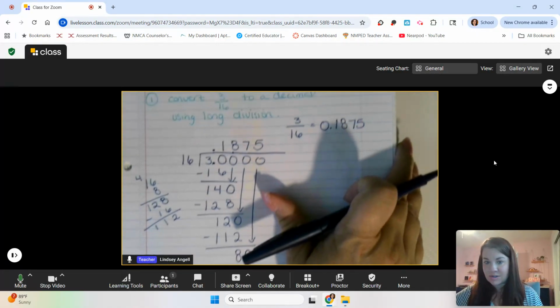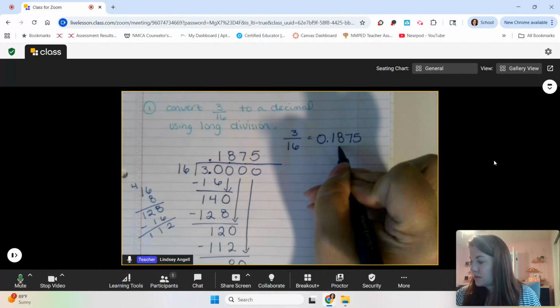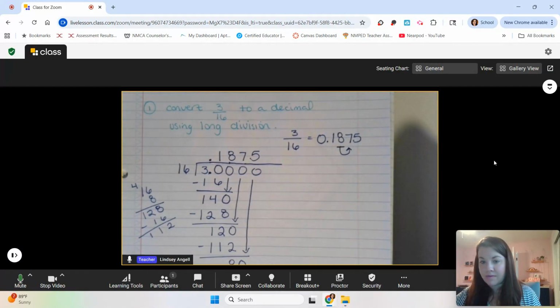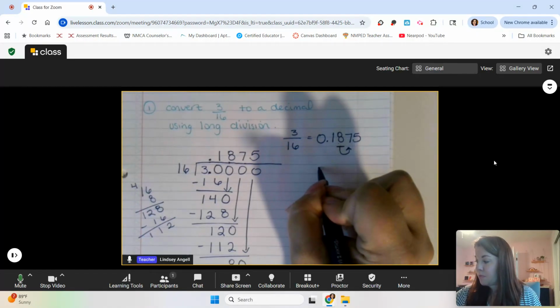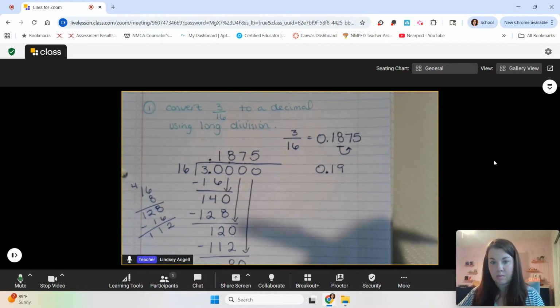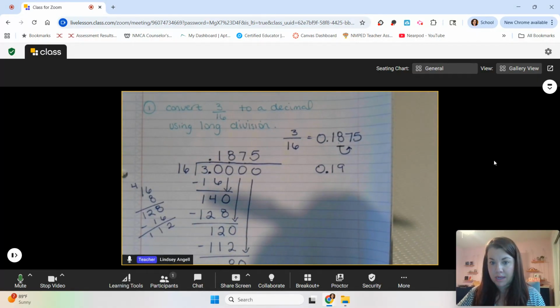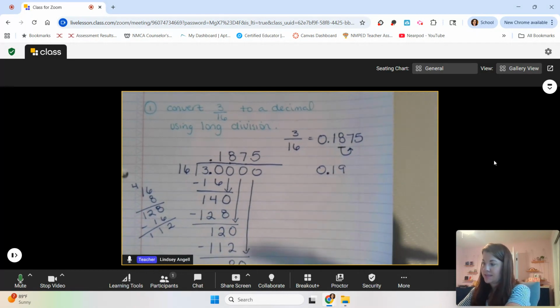If it asks you to round to the hundredths place, what you would do is you would look, well, here's my hundredths place. I'm going to look to the right of it. Since that is 5 or higher, that means my 8 gets bumped up 1, and this would round or estimate at 0 and 19 hundredths. Okay, so if it asks you, that's what you got to do there.